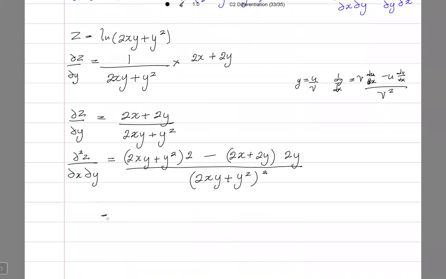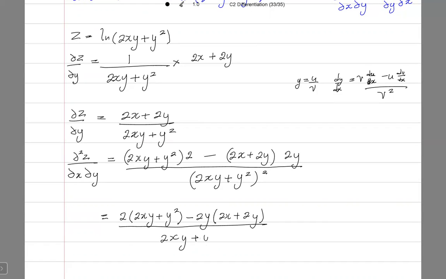I'm going to get 2 into 2xy plus y squared minus 2y into 2x plus 2y. If I want, I could factor out that 2. And this is all over 2xy plus y squared, all squared.